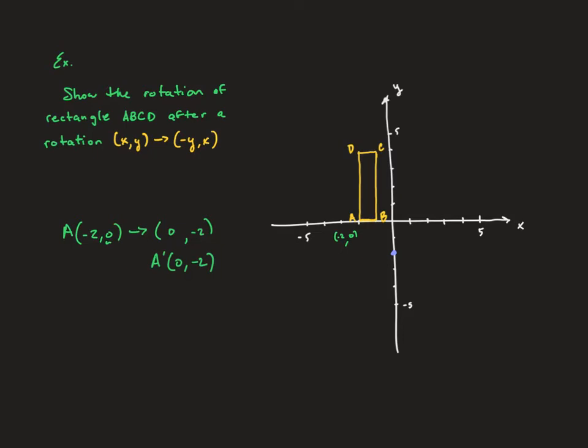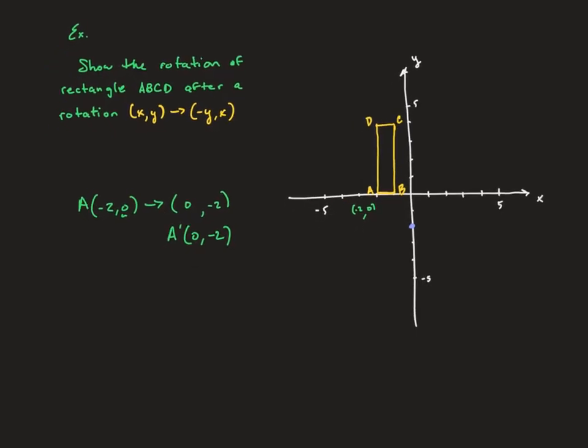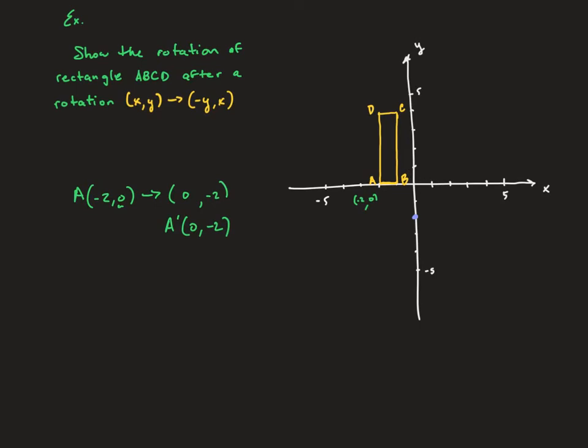And I can do that with all of my points now. So as we map these out, looking at B, B is (-1, 0), and it is going to map to B prime. Then we're going to have C. C is (-1, 4), and it is going to map to C prime. And then D is (-2, 4), and it is going to map to D prime.